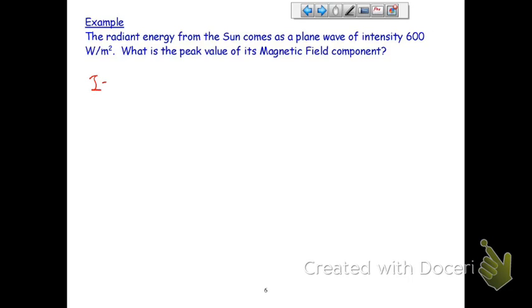So I is equal to 600 watts per square meter. What is the peak value of the magnetic field, B max? So what did that expression just say? What was that first big equation?